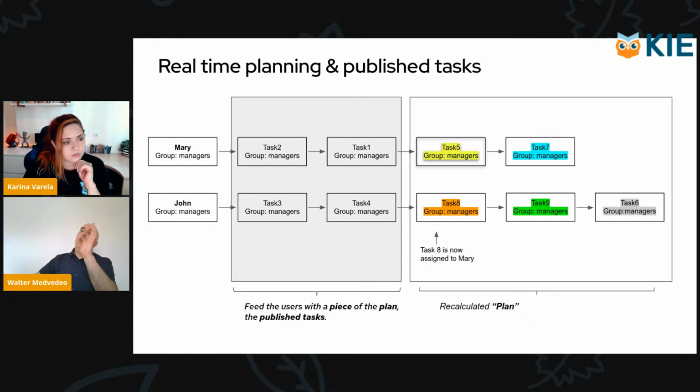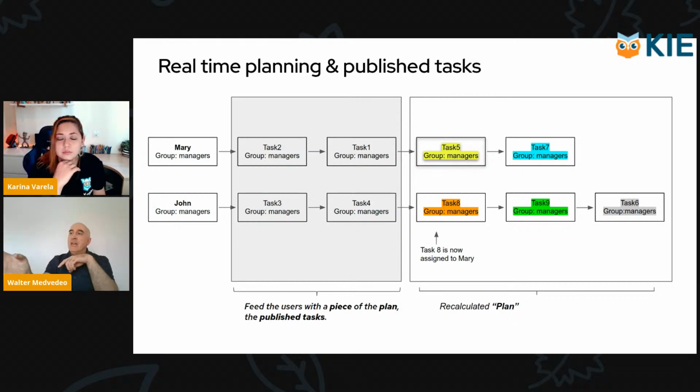And users normally will concentrate on working on these tasks. And this is not a problem, because as soon as you complete one of these tasks, OptaPlanner will recalculate the plan and assign you more work, right? This is something that we saw in the slide before. So this is not a problem.